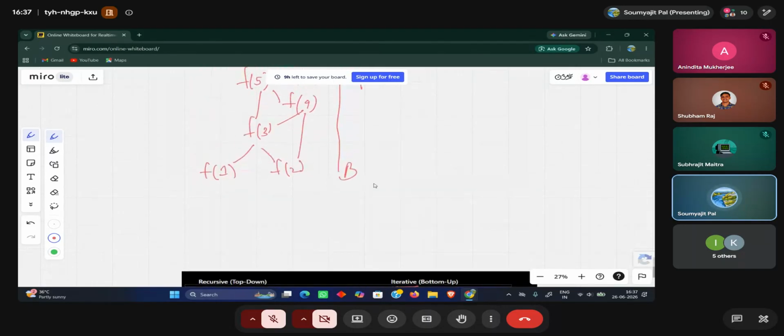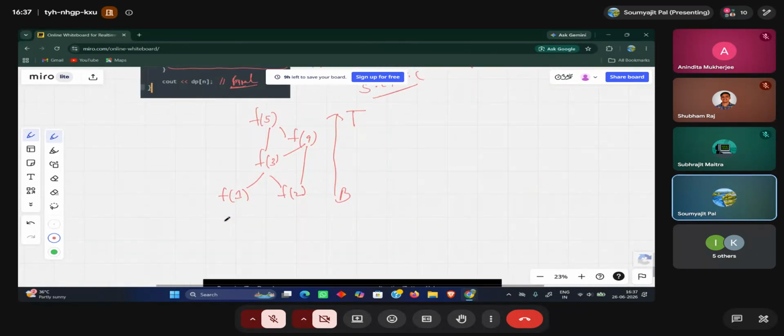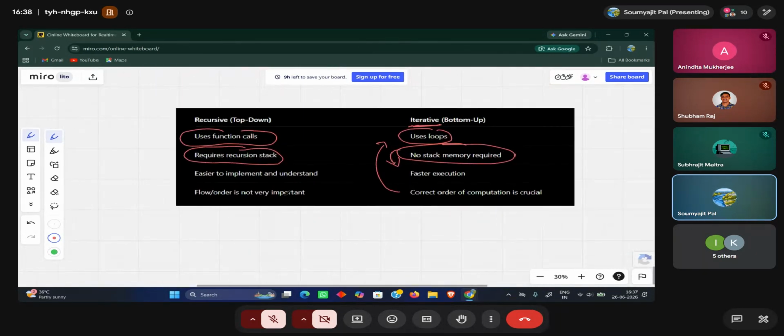If I talk about the flow, here we are going from i equal to 3 to n. In some cases, when you solve some problems, maybe you require to go backwards from n minus 1 to 1. So you have to determine the correct order. Correct order of computation is crucial.